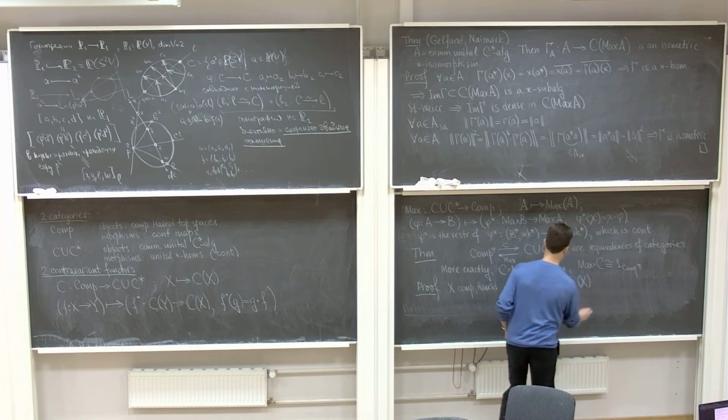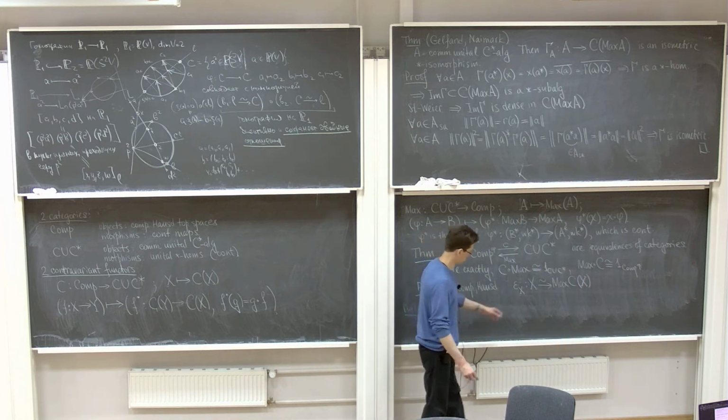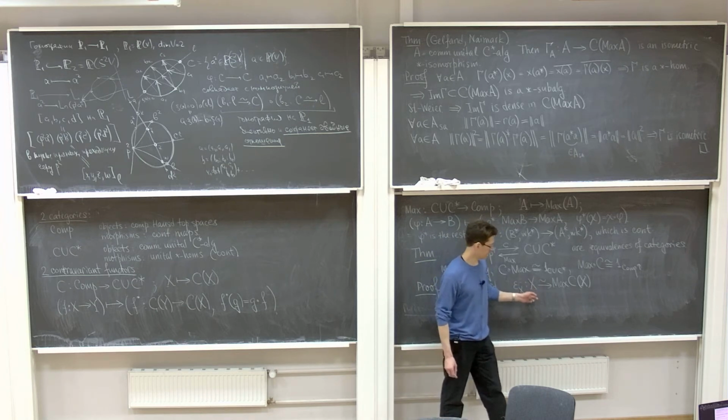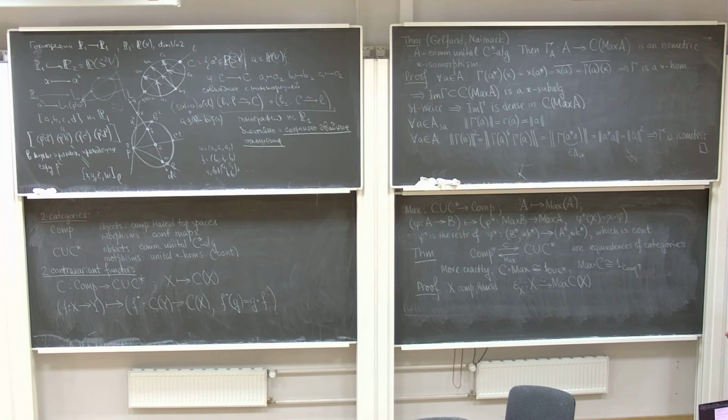So this homomorphism was constructed at the beginning of the previous lecture, and it takes each point in X to the evaluation character on C(X). So we proved that this is a homomorphism.